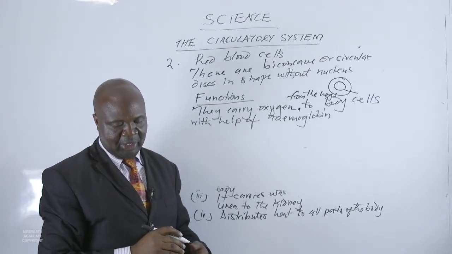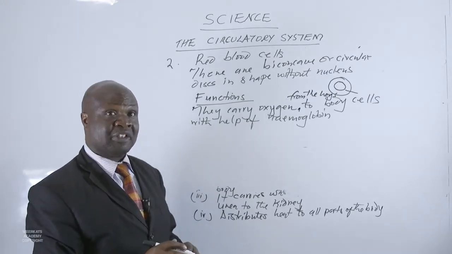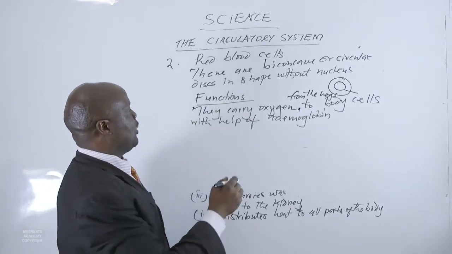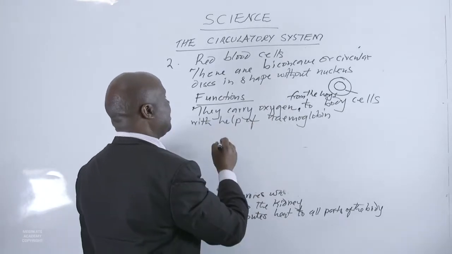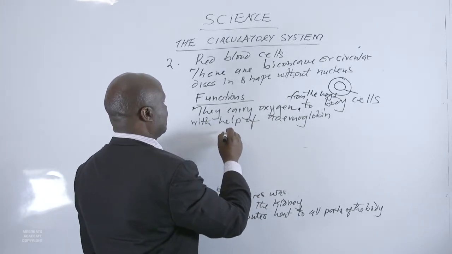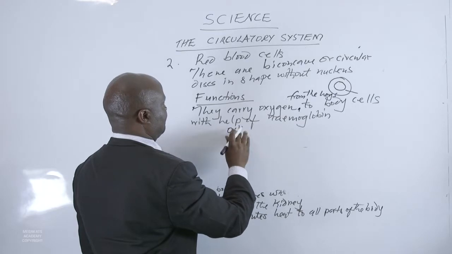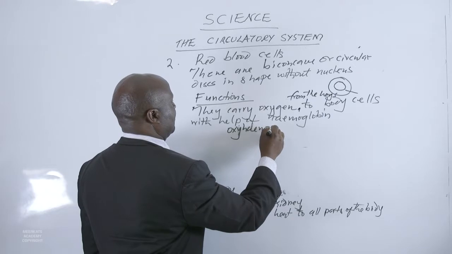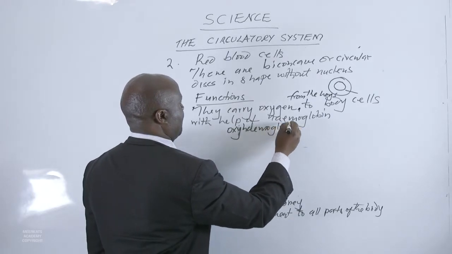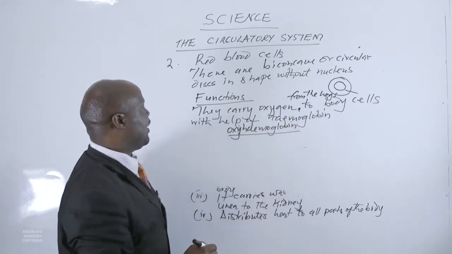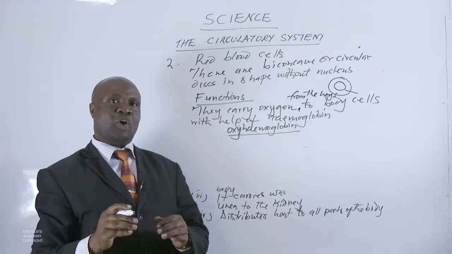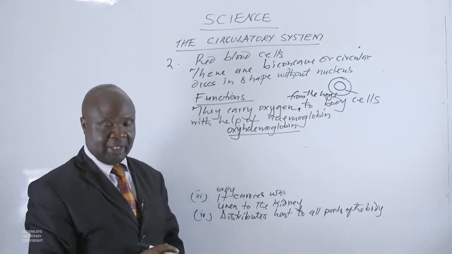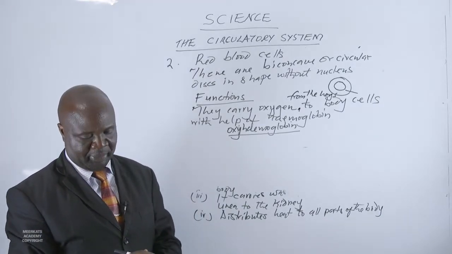When oxygen combines with hemoglobin, it becomes oxyhemoglobin. We normally have oxyhemoglobin when oxygen combines with those red pigments, the hemoglobin.